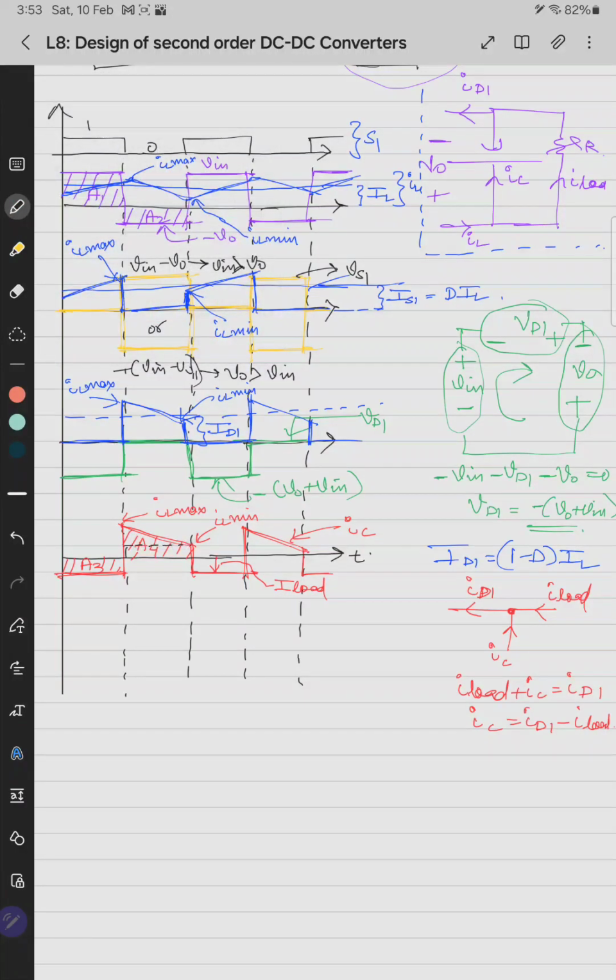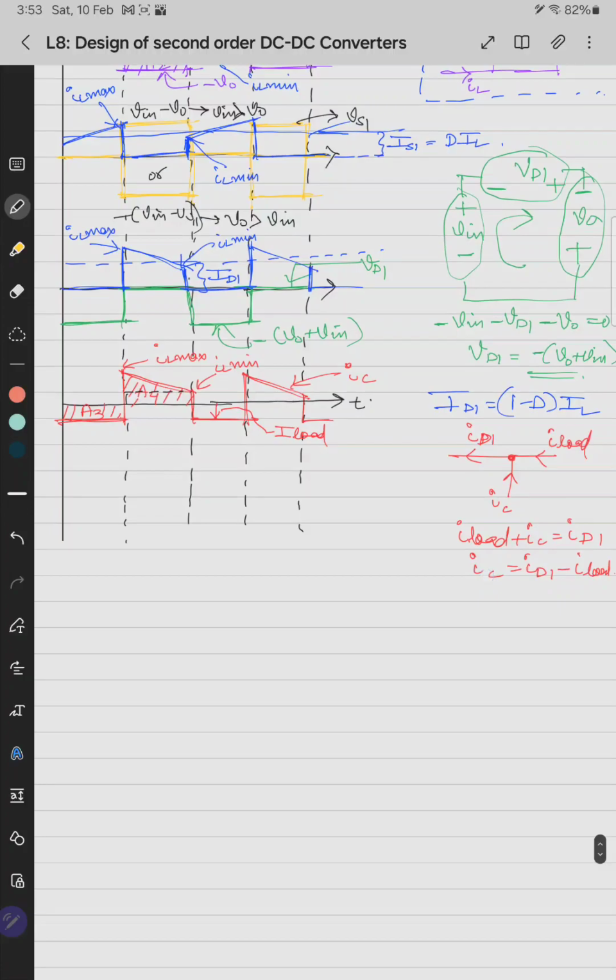Again the same analysis. So as the current, one last waveform is remaining, that is the V0 voltage. Again we have to integrate it. So this will be straight line, straight line. This will be a falling curve, falling curve.